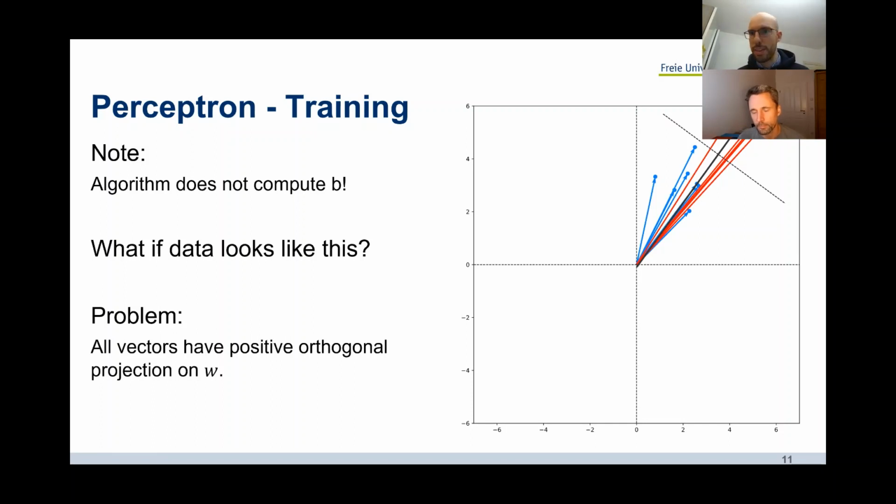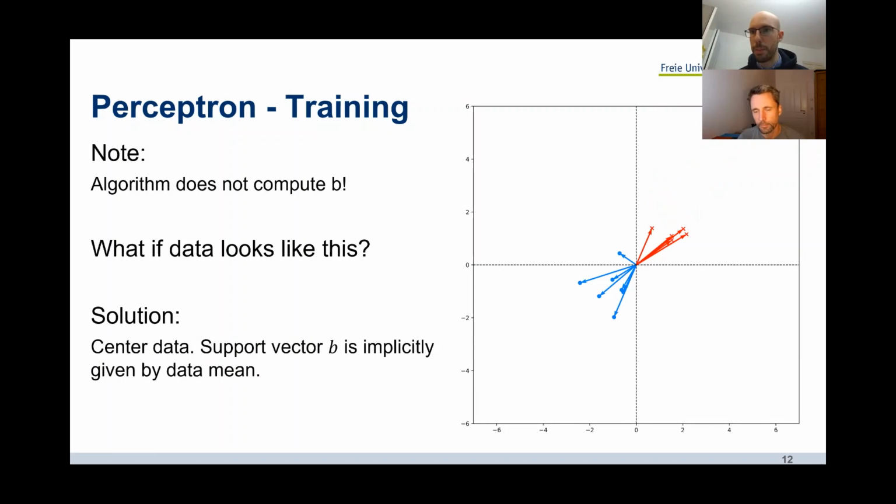What we can do in this case is calculate the center of all the data points and subtract it. Then we come up with something like this, and now, as you can see, everything is well behaved again. If our W points in this direction, for example, our scalar product with the positives is going to be positive, and with negatives it's going to be negative.